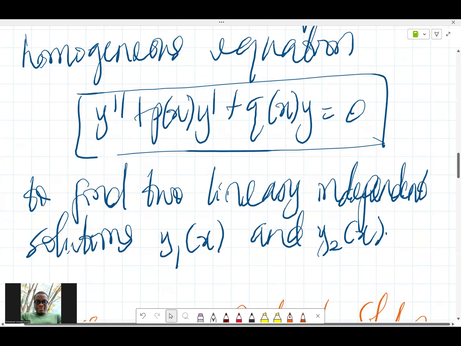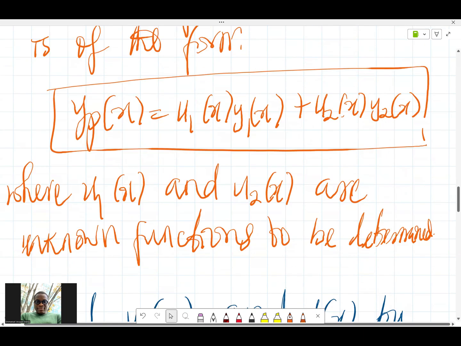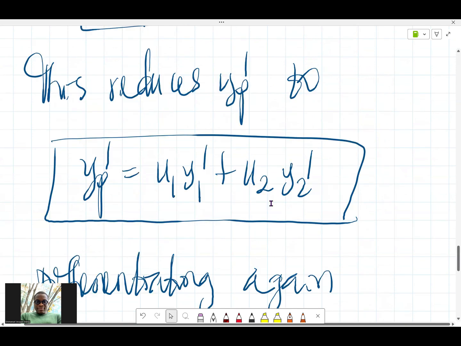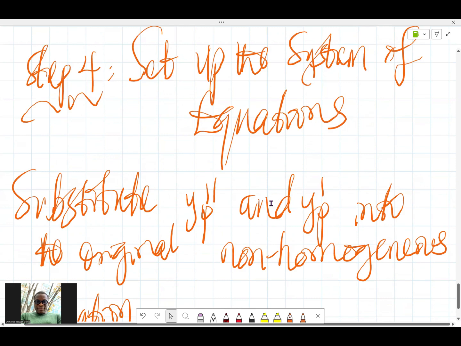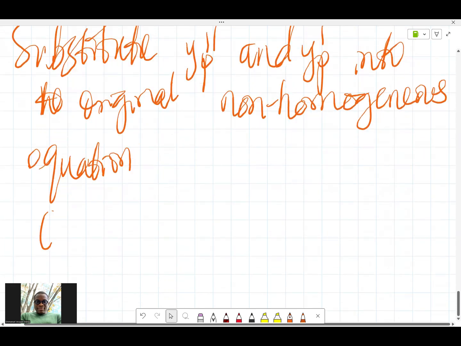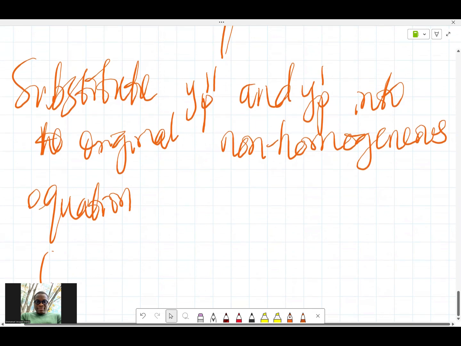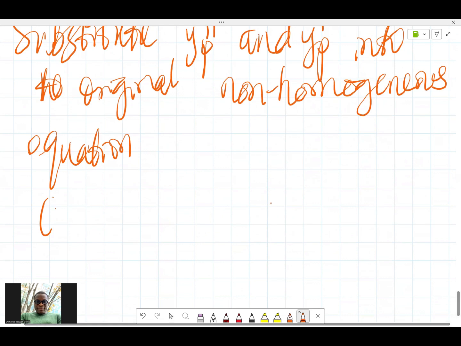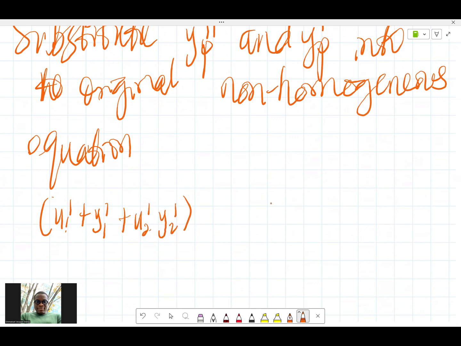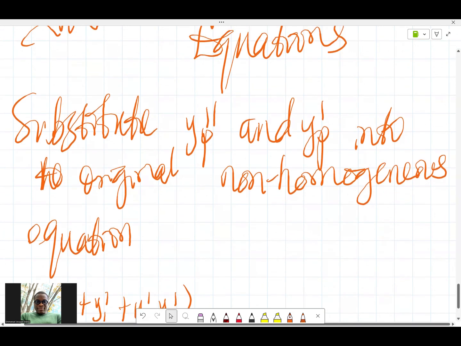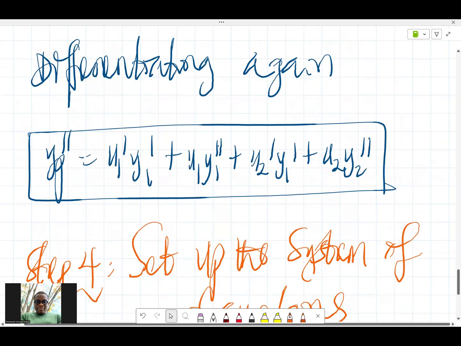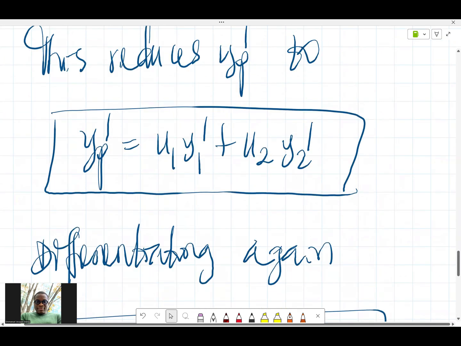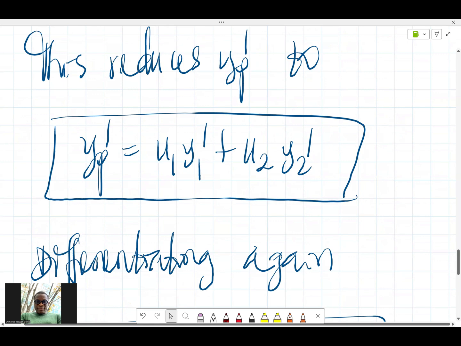For yp prime prime, we already have this expression, which is u1 prime y1 prime plus u2 prime y2 prime, and so on.